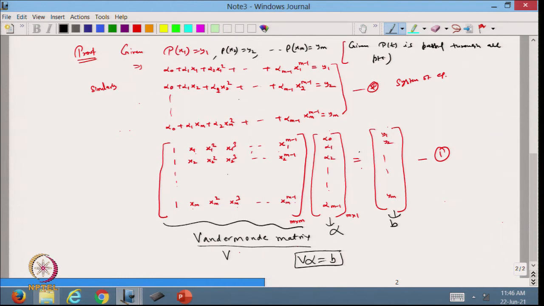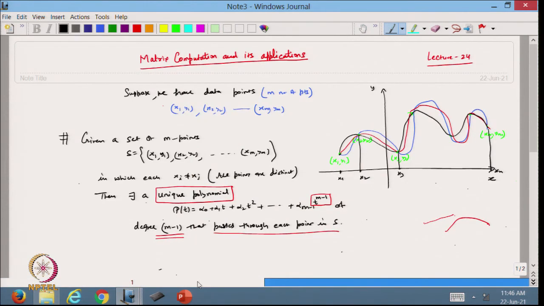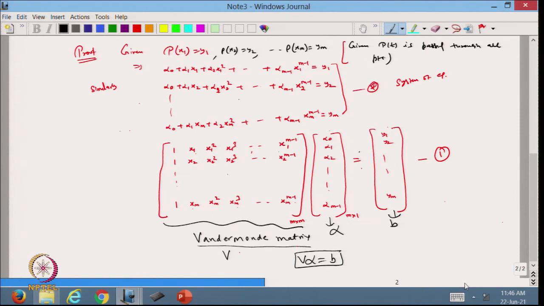Now, I am going to show that this polynomial is unique. This polynomial is unique means the solution of this system should be unique.